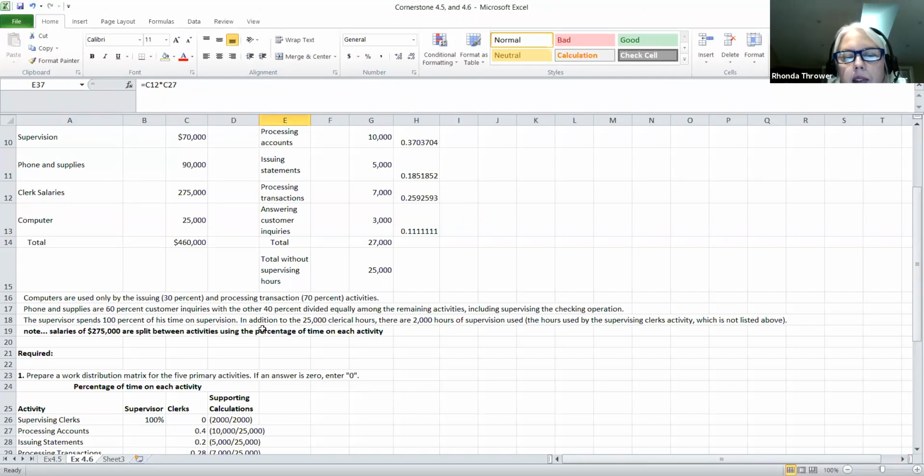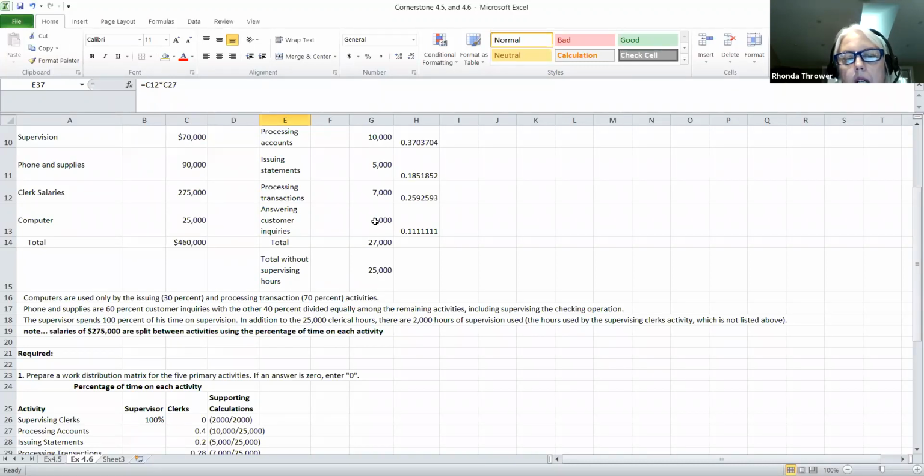And it says, in addition to the 25,000 clerical hours, there are 2,000 hours of supervision used. Notice what they gave you to start with was just the processing account hours, the issuing statement hours, the processing transaction hours, and the customer inquiry hours, answering customer inquiries.